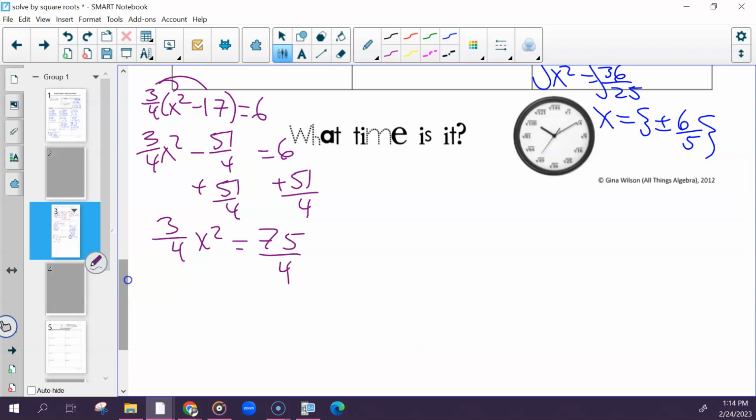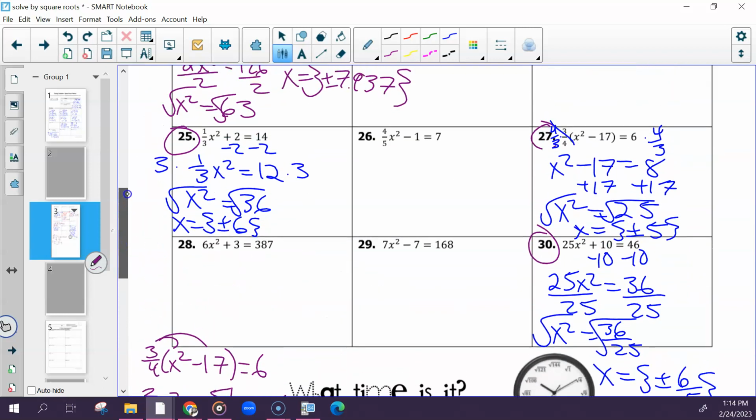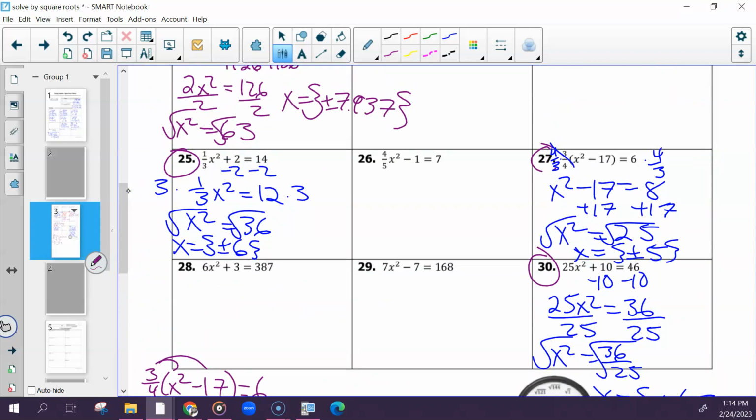Then we still have to take this and flip it and multiply it. The 4s would cancel. 75 divided by 3 would give us 25, and then the rest would be the same. So you could do it that way. No, that's too extra. That's what I thought. Okay, any others we want to see go over?